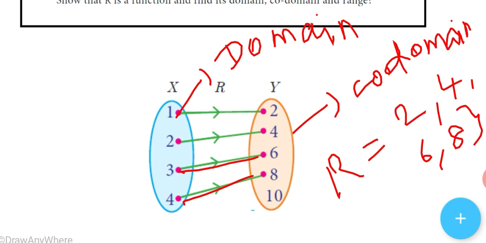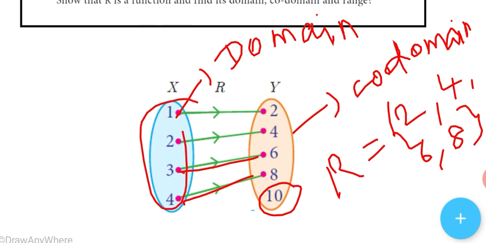Okay, 2, 4, 6, 8. You should not write this 10. Okay, this 10 is not associated with any number. So this is domain, this is codomain. So the range of the function is 2, 4, 6, 8.